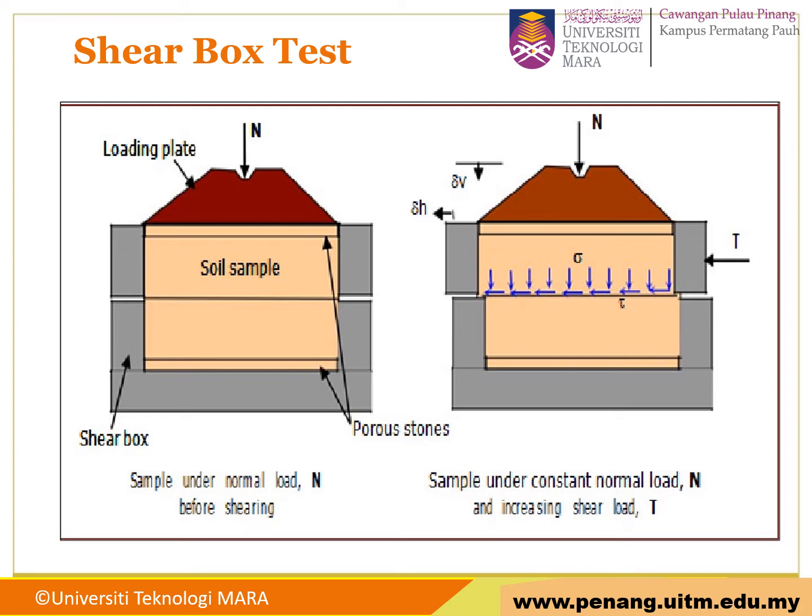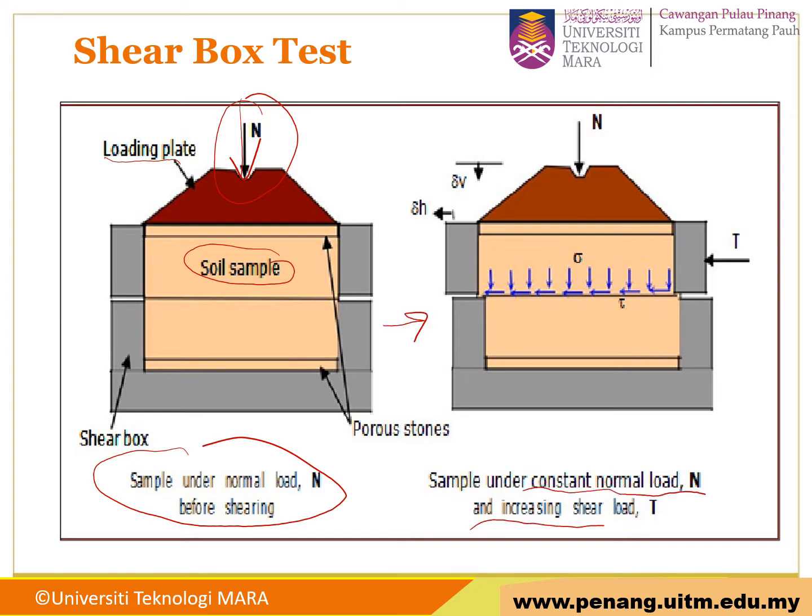Alright guys, look at this. This is a shear box test for a sample under normal load. Before shearing, we only apply the normal load. Here is the loading plate, and then this is your soil sample, and you apply the load at the top as a normal load. Then this is the sample under constant normal load at increasing shear load.